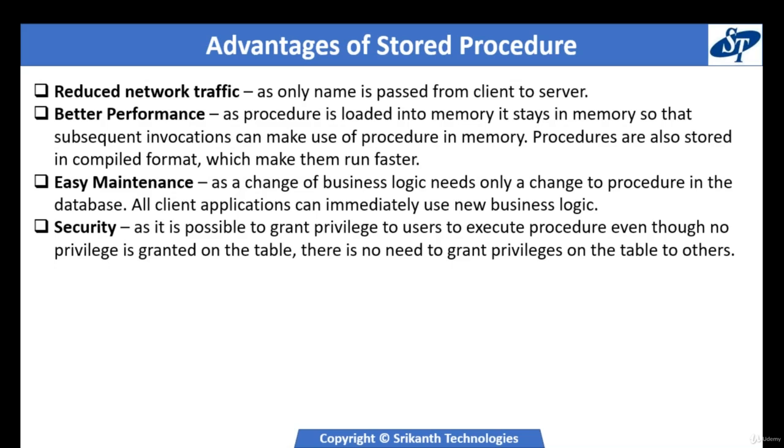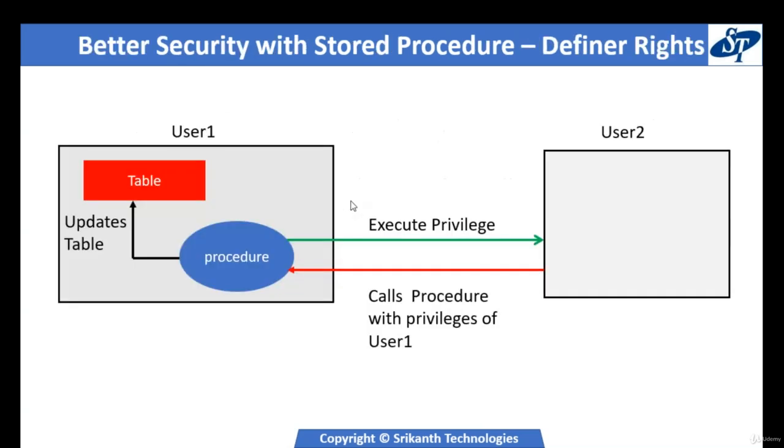Finally, the fourth point is security. Instead of giving other users access to the tables and views, we now give them procedures which internally use those tables and views. Let's look at this diagram. Normally, you would give users access to the table if you want the user to make any changes.